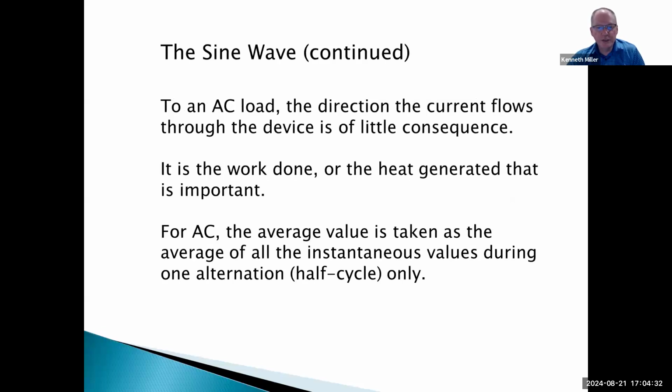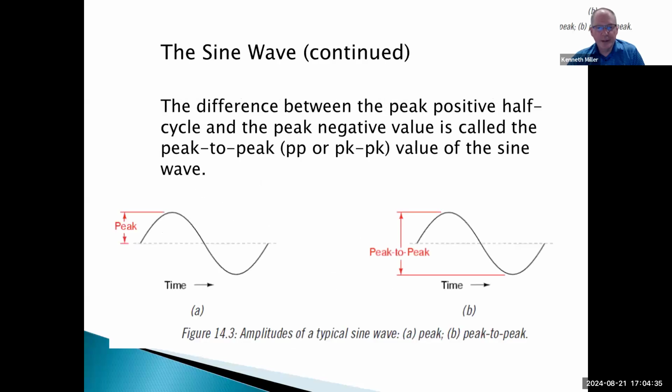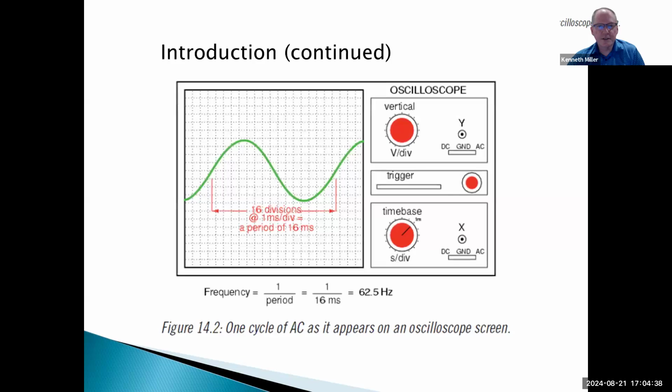If we were to take our sine wave and put our oscilloscope on, it would look like this. If we took our DMM and put it to AC voltage and read it, let's look at how many divisions total. We'll just do peak: 1, 2, 3, 4, 5.